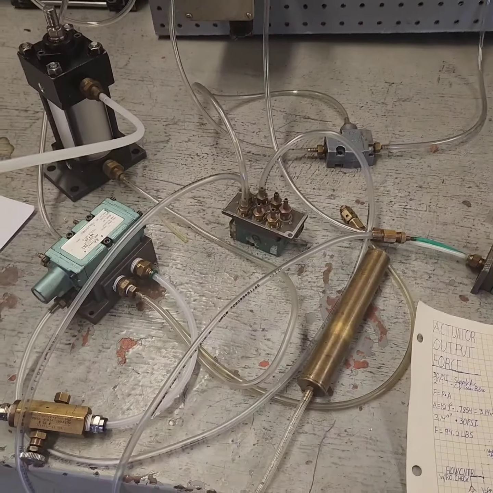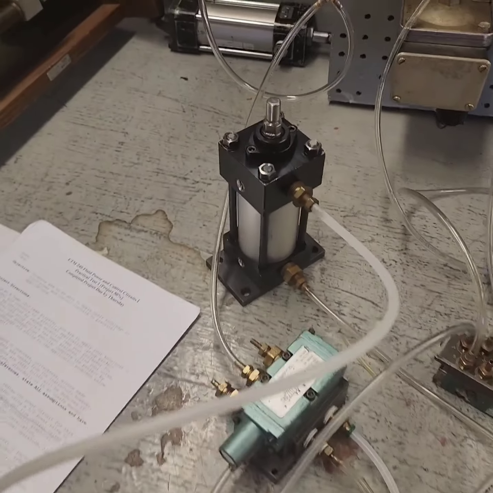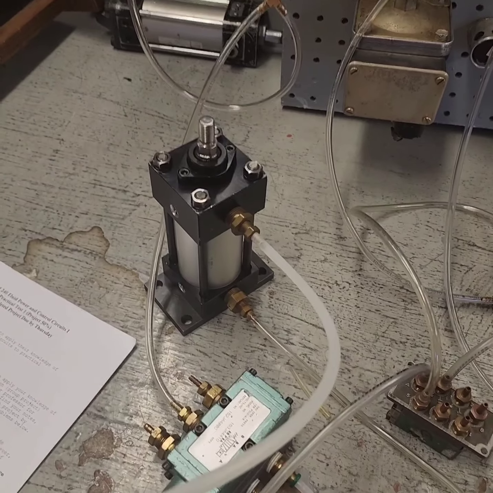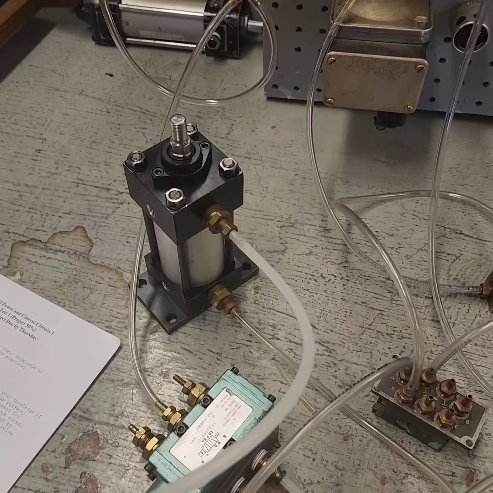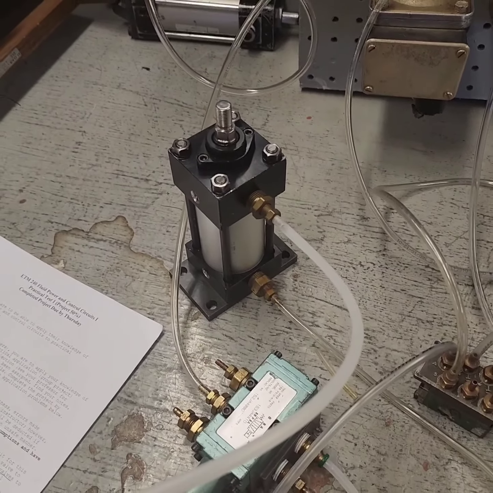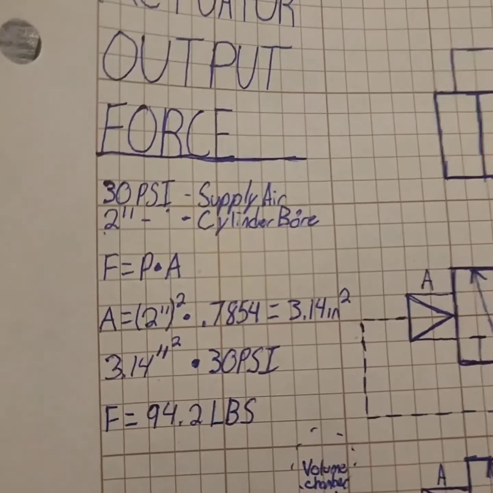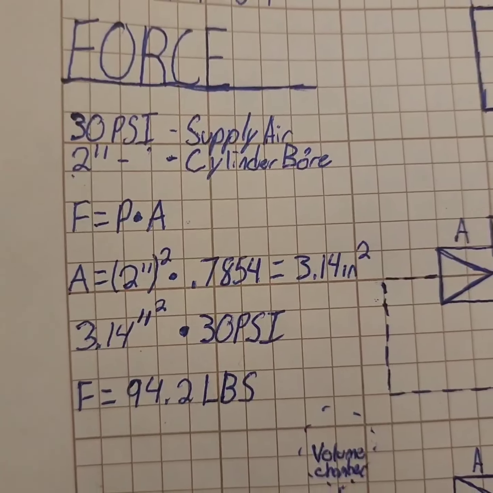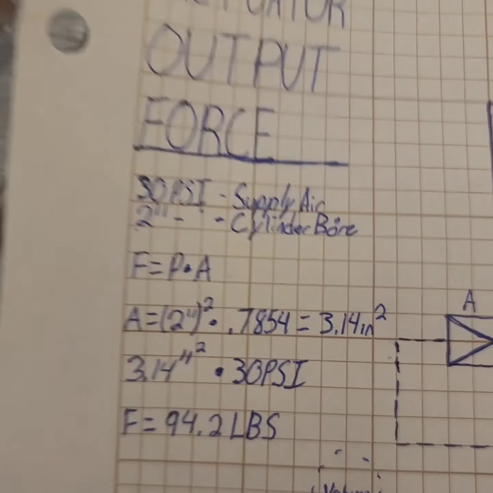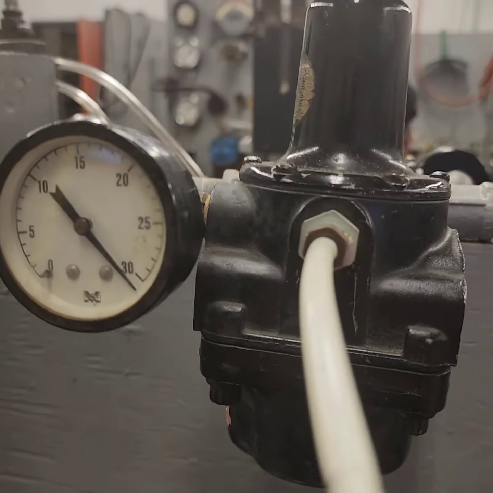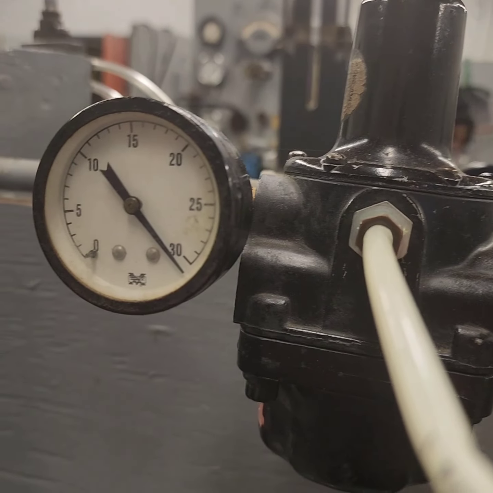In accordance with the lab instructions, we were required to calculate the static force of our cylinder. Cylinder force is a function of Pascal's law, which is pressure times area. You can see here we have the math, and we have our circuit plumbed with roughly 30 psi. And you can see our cylinder here.